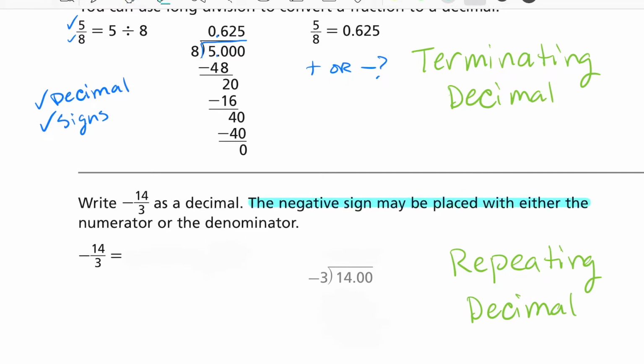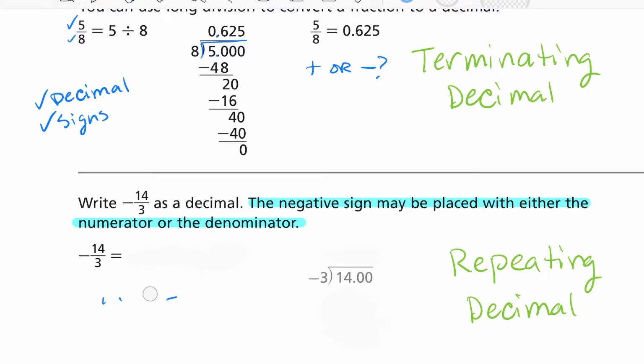The sign can be placed on either the numerator or the denominator. However, it can't be placed on both, or that would change your answer. That would give us a positive answer when in fact this answer here will be negative.